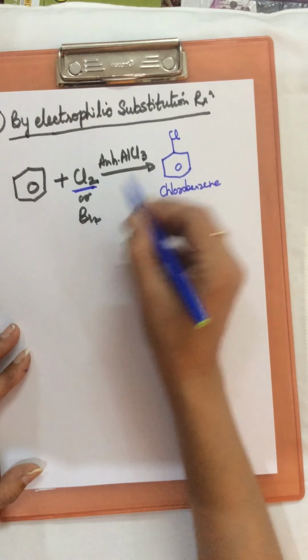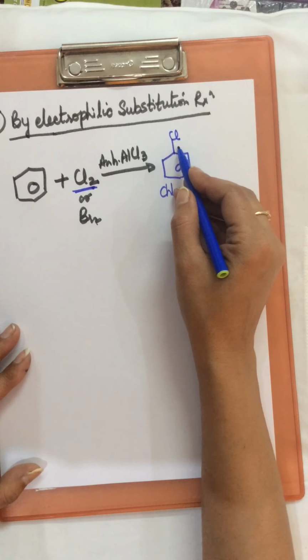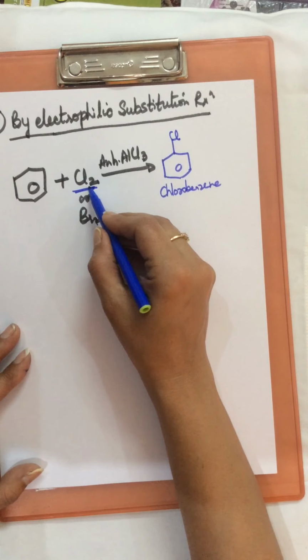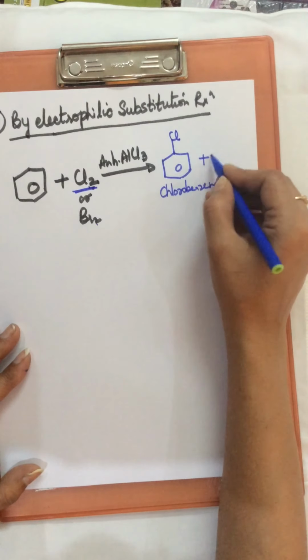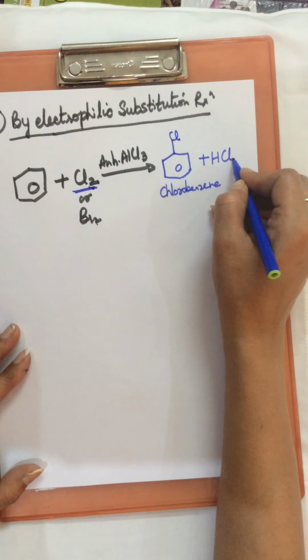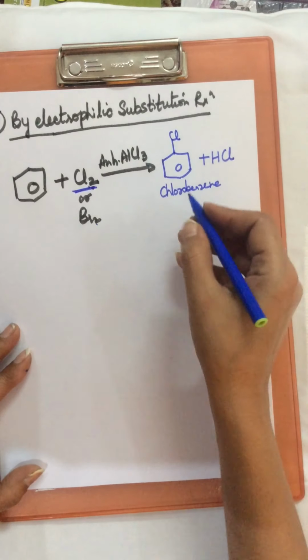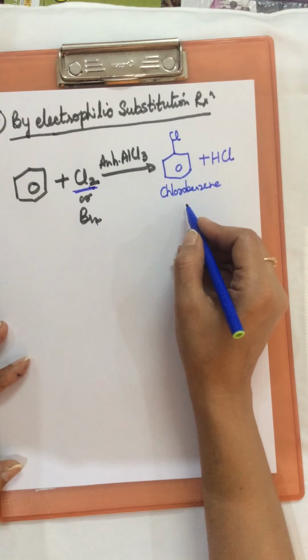And if we are taking Br2, we'll get Br here, bromobenzene. One Cl is left here, and the H that comes out from here will combine to form our byproduct HCl. So this way we are getting chlorobenzene.